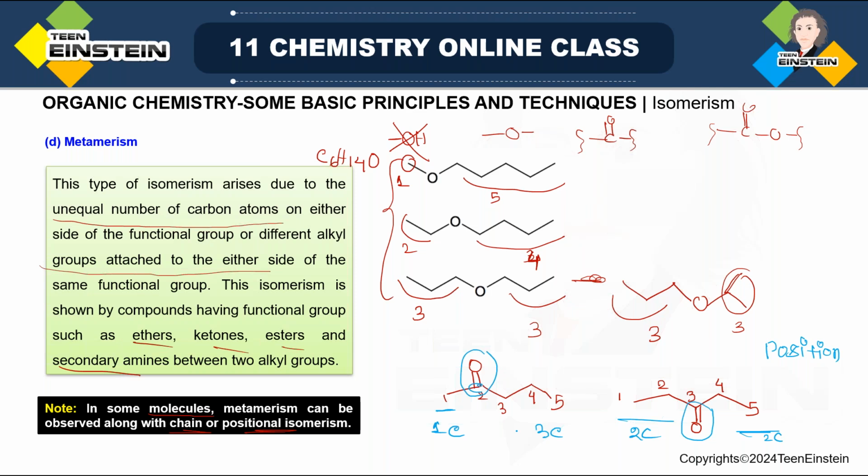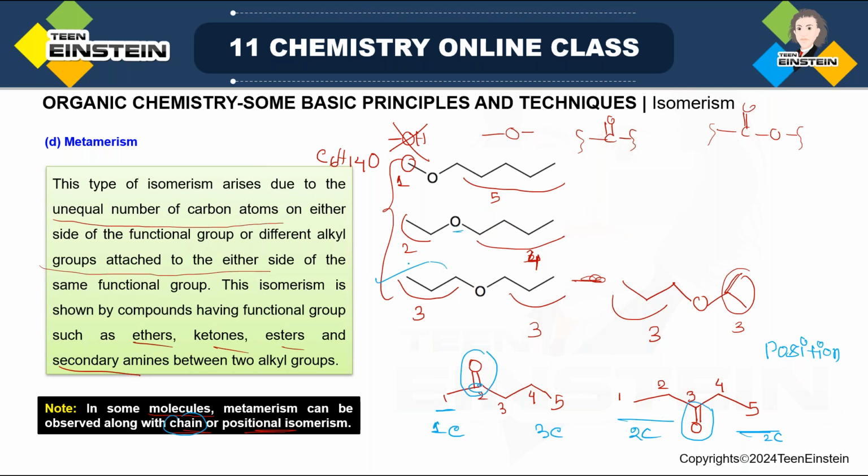And this is possible only when the functional group contains carbon. You cannot have this problem in ether because in ether there is no carbon attached to the functional group. But in case of carbonyl, this problem can arise. And sometimes metamerism can be observed with chain isomerism. You can find that in this example.